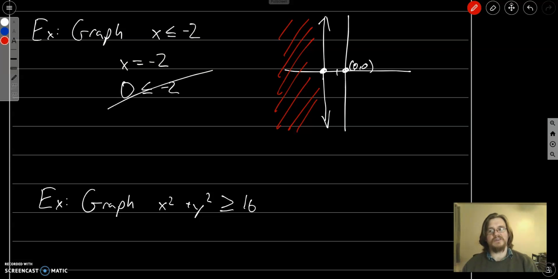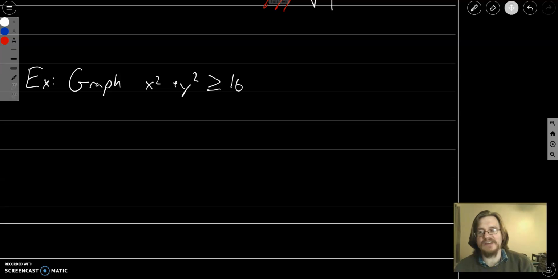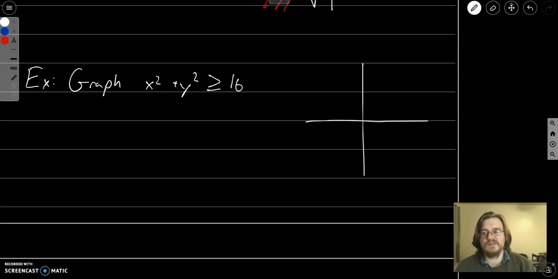And the last thing that we'll mention in this video is that everything that we've talked about works even if what we have is not a straight line. So let's look at this inequality here. We've got x squared plus y squared is greater than or equal to 16. We apply the same method. We replace this with an equal sign.